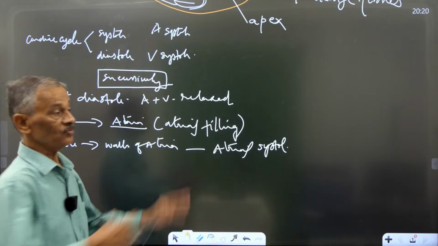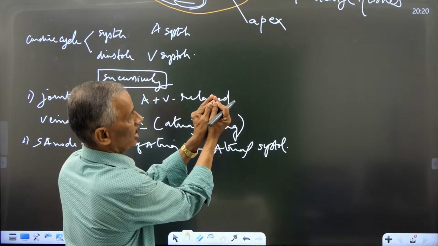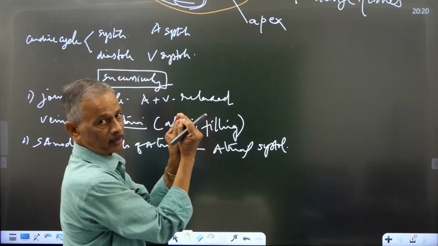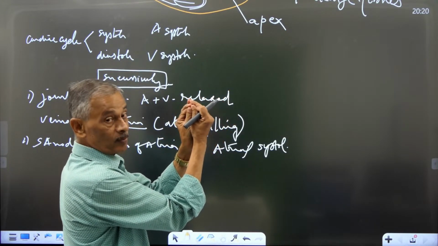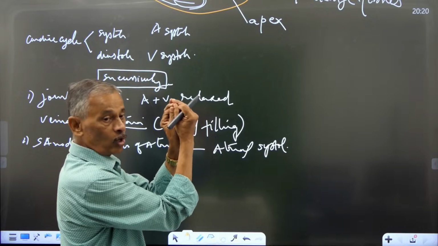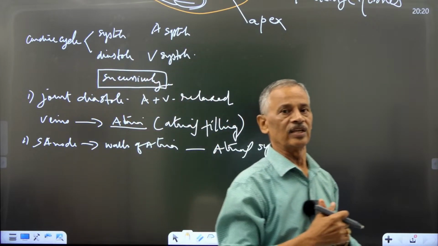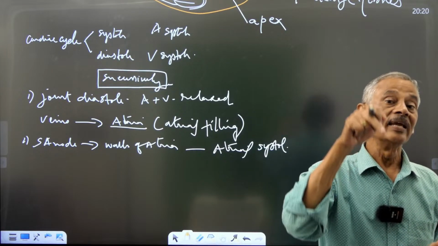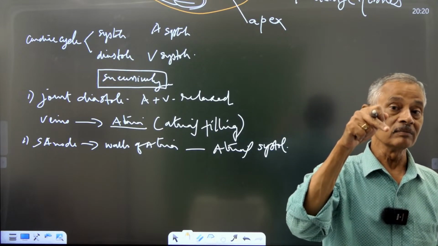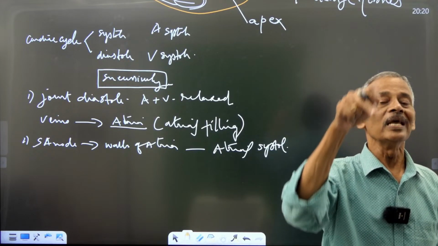So what happens? When the atria are under contraction, the chamber becomes smaller and smaller, correct? When the atrial chamber is becoming smaller and smaller, its volume is decreasing and the pressure inside is increasing, correct? So when pressure inside the atria is increasing, blood that is present will be entering.